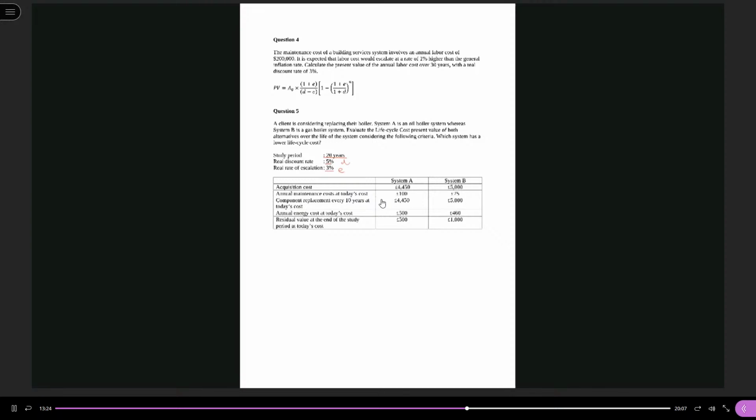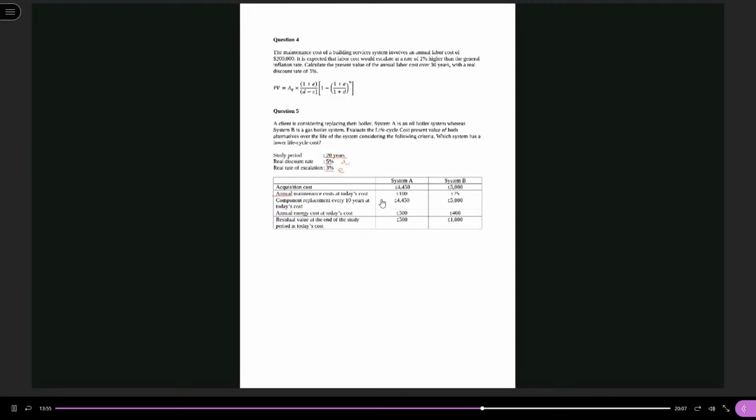For System A, the acquisition cost, the installation cost, the initial cost is £4,450, and for System B, £5,000. Annual maintenance cost, £175 for System A and B, and it is annual, so it is a recurring cost.